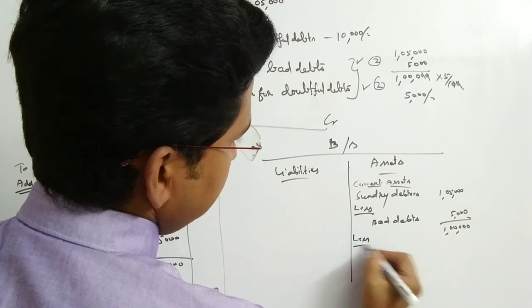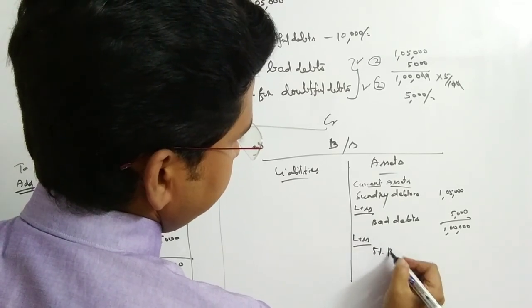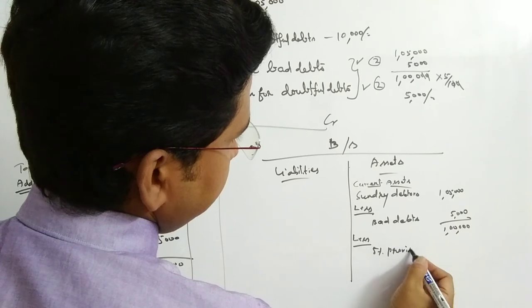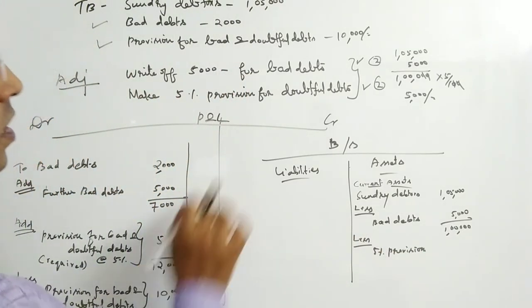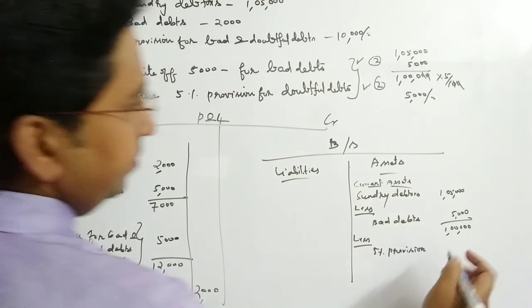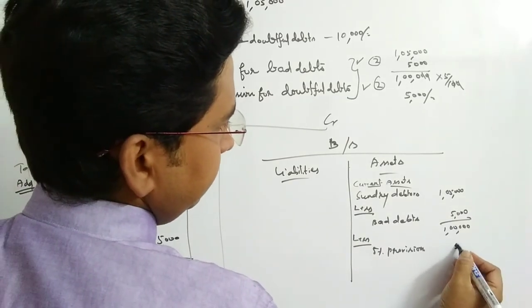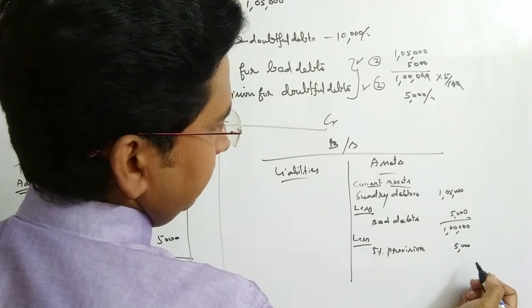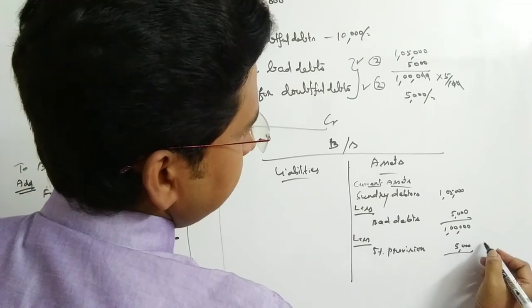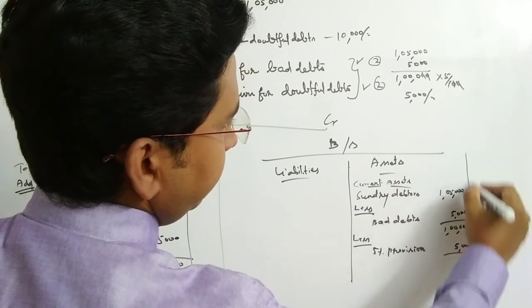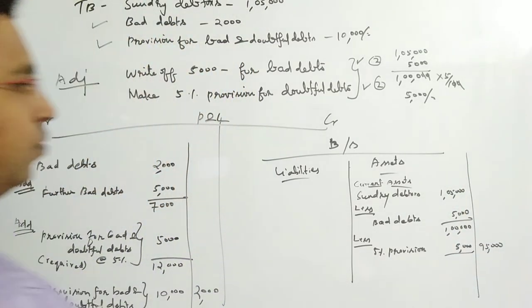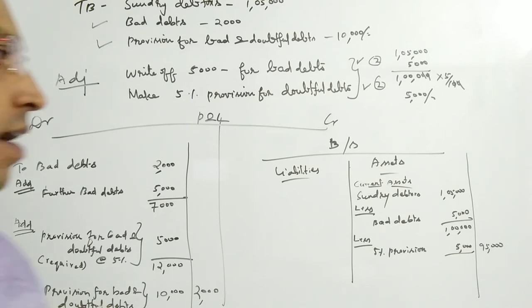Then less 5% provision. This is the required provision. How much is the required provision? 5,000. So 95,000 is the new adjusted sundry debtor.